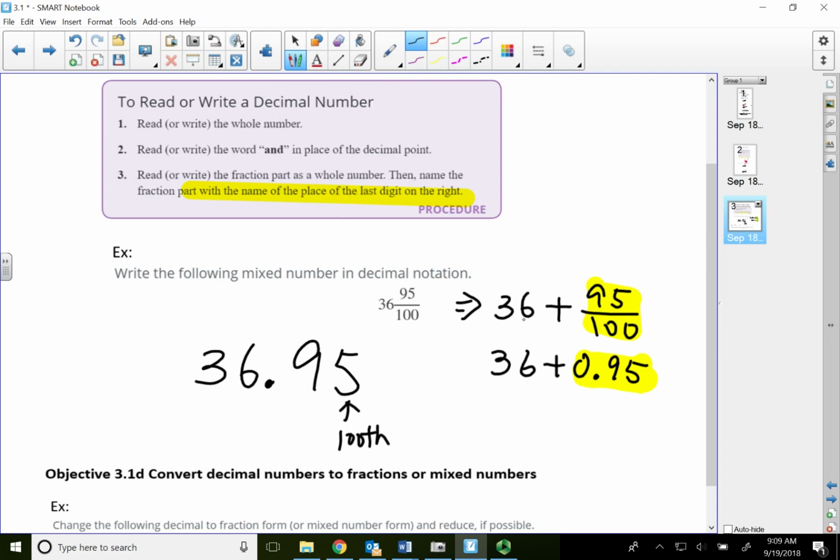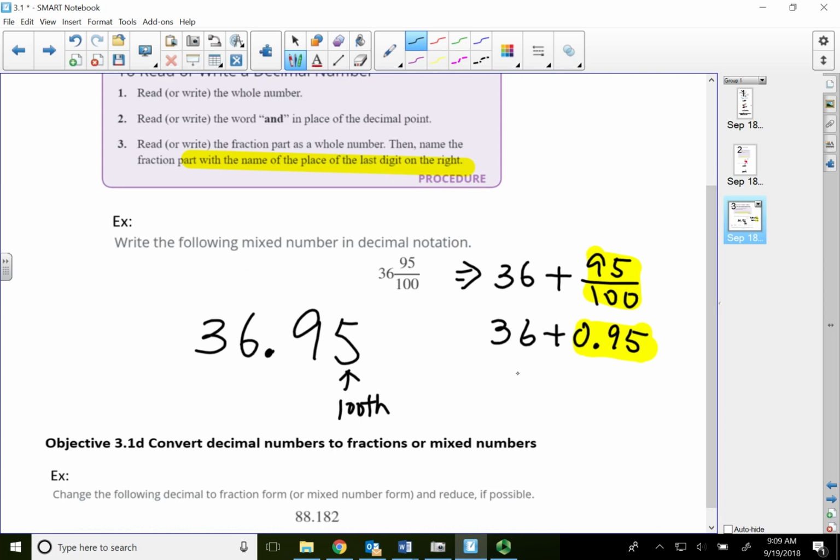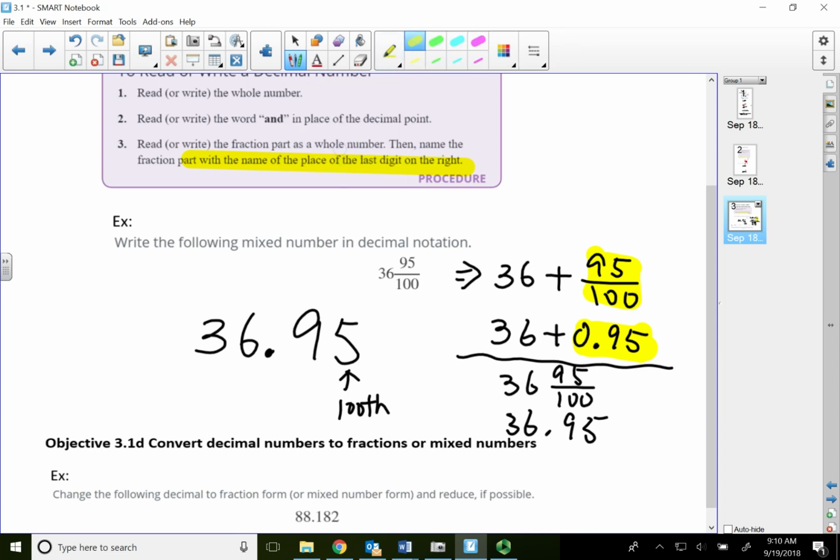So either way we look at it, it is basically the same thing as 36.95. Sometimes I even write it like this: 36 and 95 hundredths compared to 36.95. The two numbers are equivalent. They are basically the same. It's just that one is in mixed number form and one is in decimal form.